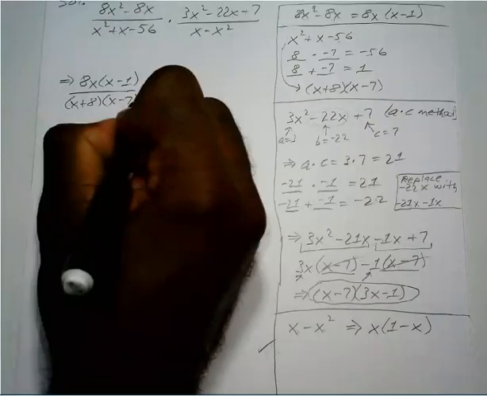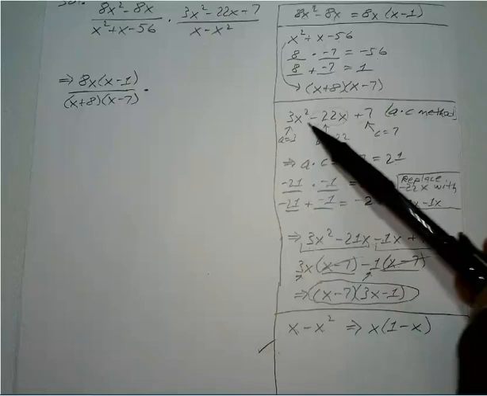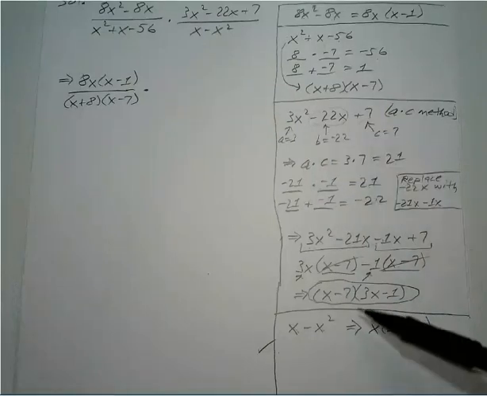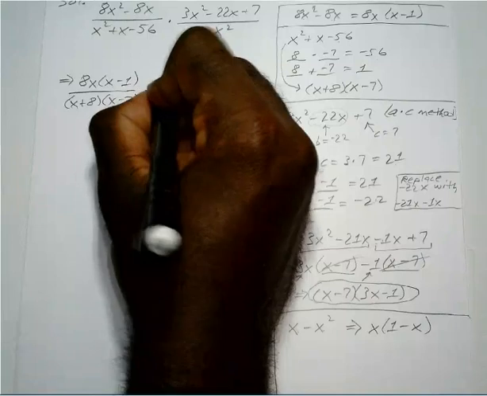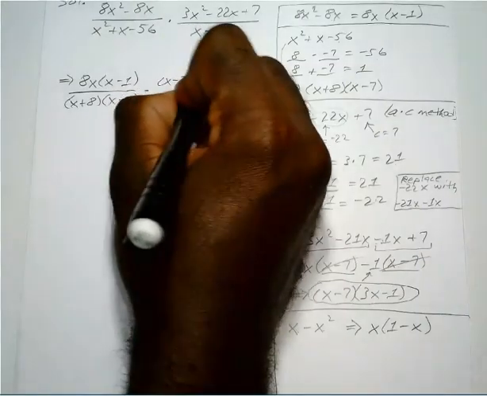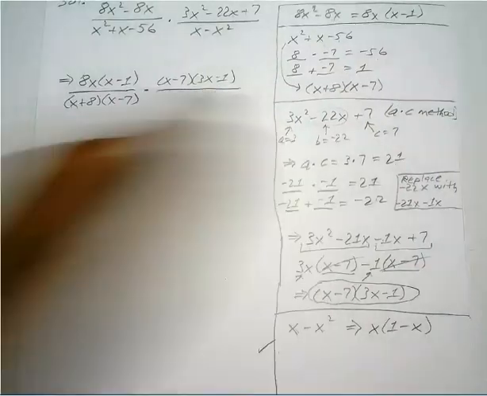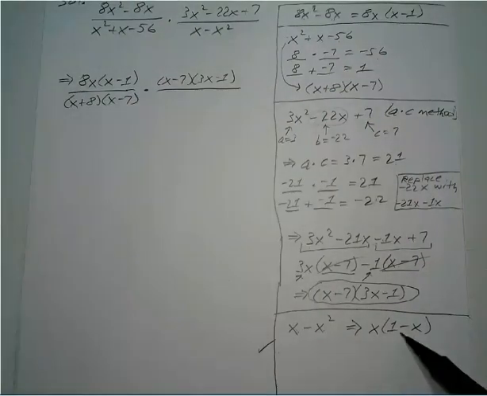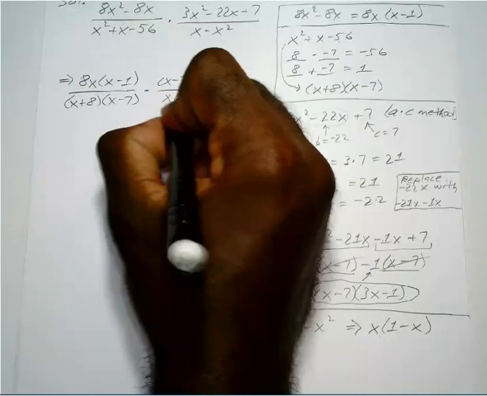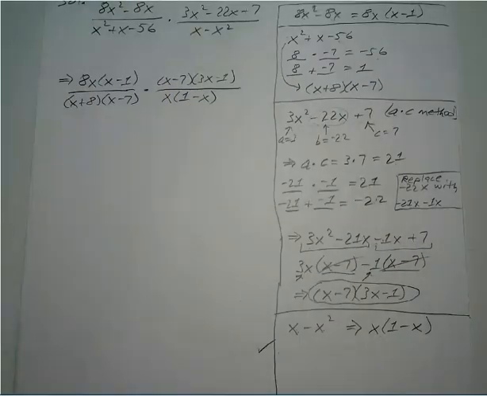Times 3x squared minus 22x plus 7 is just x minus 7 times 3x minus 1, over x minus x squared. We see that's x times 1 minus x. In a second I'm going to show you why we put the check mark here, because we're going to come back to that.